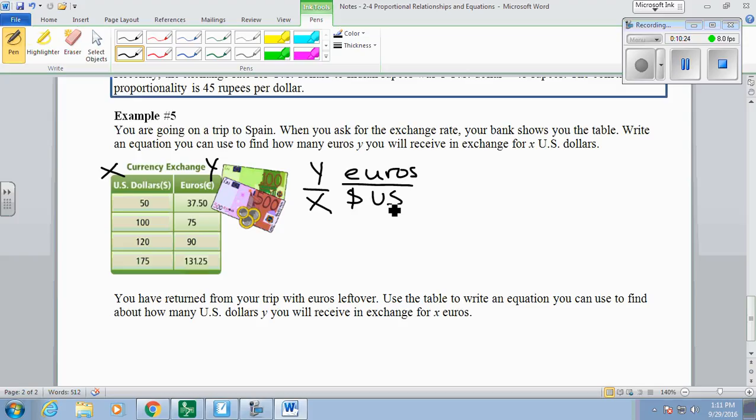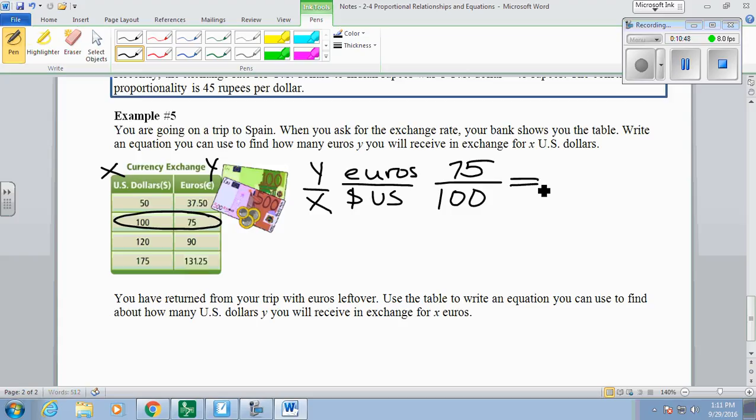So you can really look at the relationship. This chart is showing you a proportional relationship. So you can look at the ratio between US dollars and euros for any one of these. I'm going to choose the one that says 175 just because they seem to be easy numbers to work with. So I'm going to put 75 euros in the numerator and 100 US dollars in the denominator.